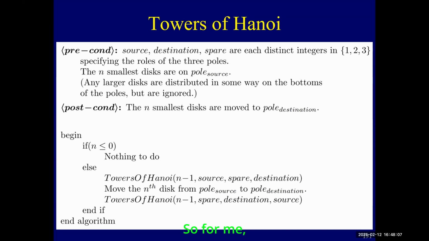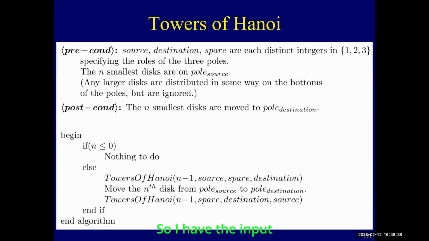So for me, one of the three poles is called the source, and the precondition is that the n smallest disks are on the source, for some n. Now, there may be a lot more disks. They're bigger, and they're spread out in some weird way on the other poles. But I don't care about them because we're never going to move them, and they're all bigger, so we don't have to worry about them, right?